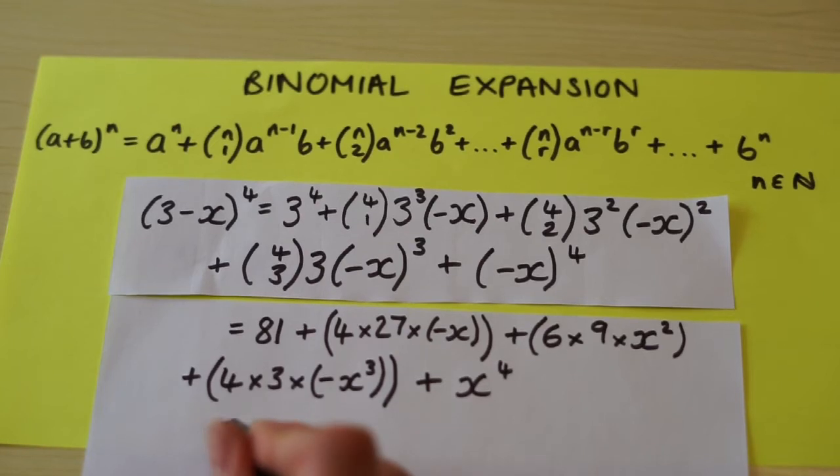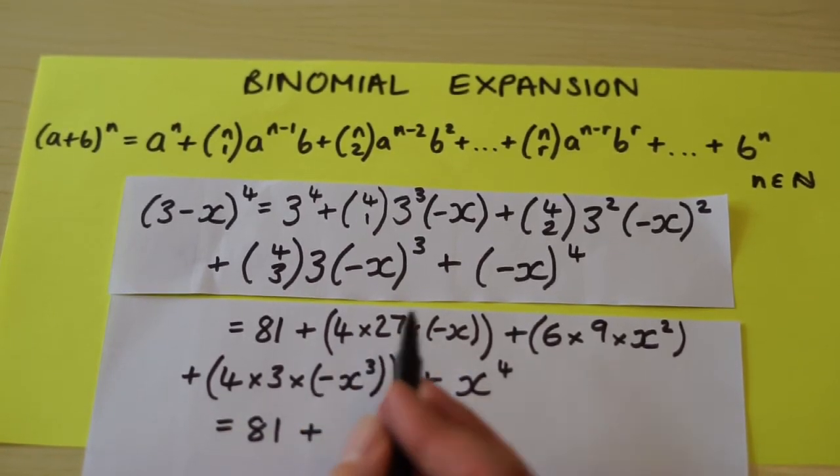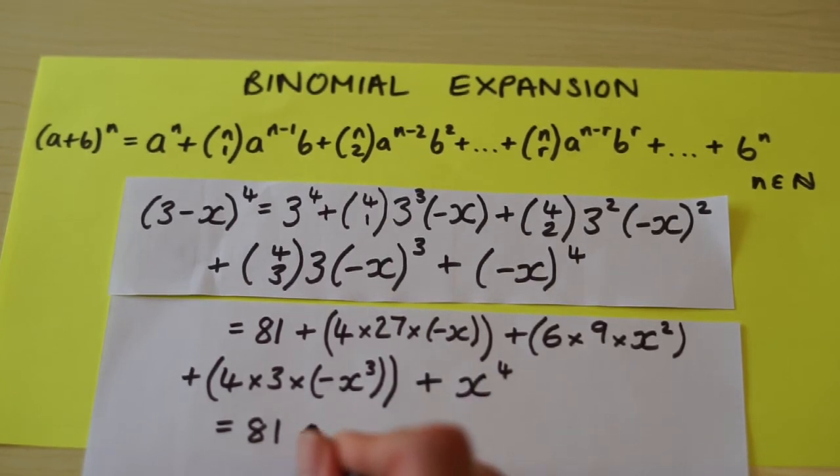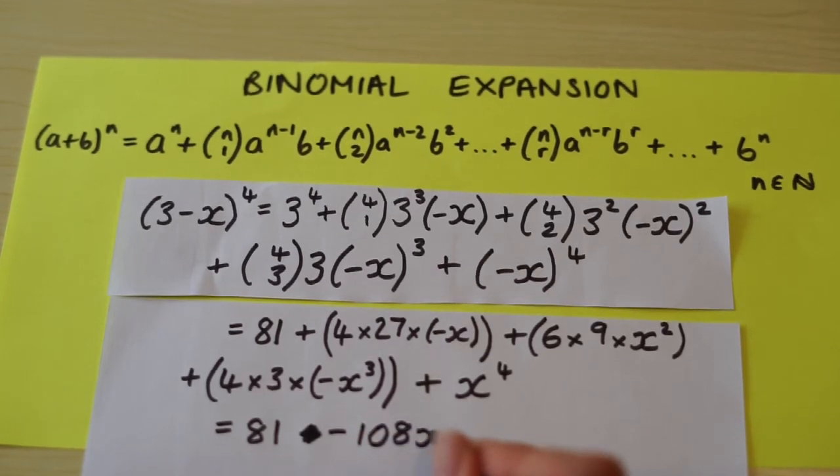So next stage, 81 is 81. 4 multiplied by 27 multiplied by minus x. Hasty writing this plus sign here. Minus 108x.